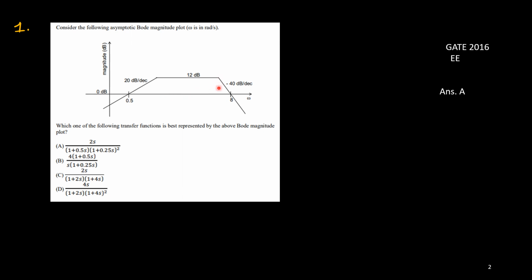Again, this corner frequency is also not provided. These are two issues we need to solve. Otherwise the slopes are given, everything is fine, and we can find out the transfer function. So this corner frequency I'll consider small a, and this corner frequency I'll consider small b. These two we need to find out.